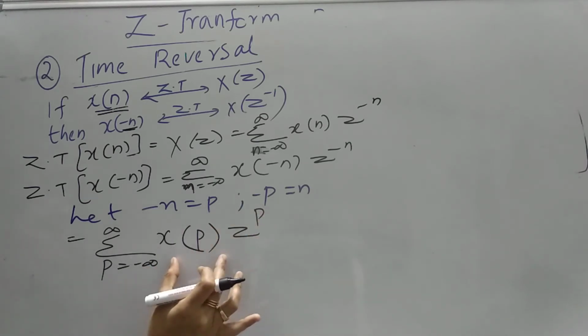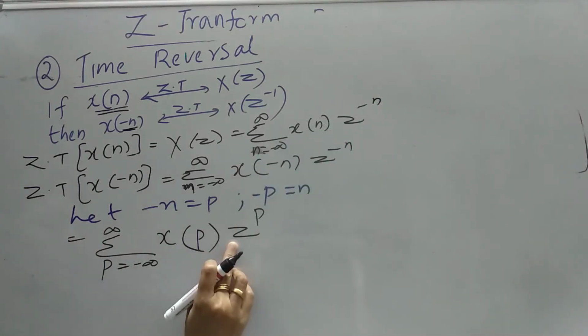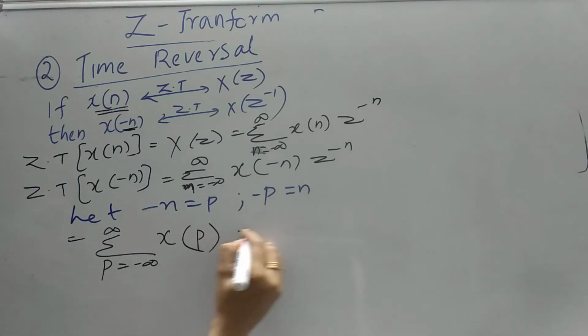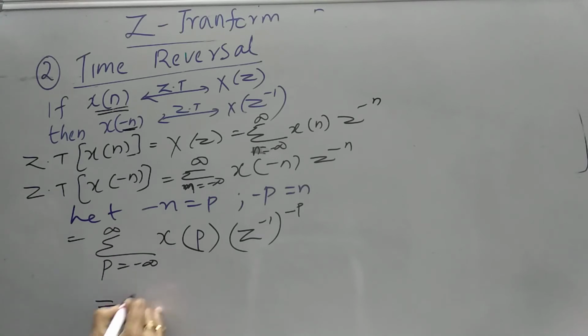See, what is our standard form? x of n z raised to minus n. So instead of z raised to p, we can write z raised to minus 1, whole raised to minus p. So this can be written as X of z raised to minus 1.